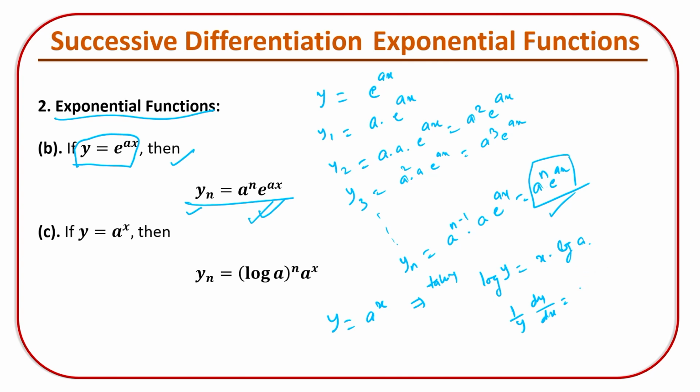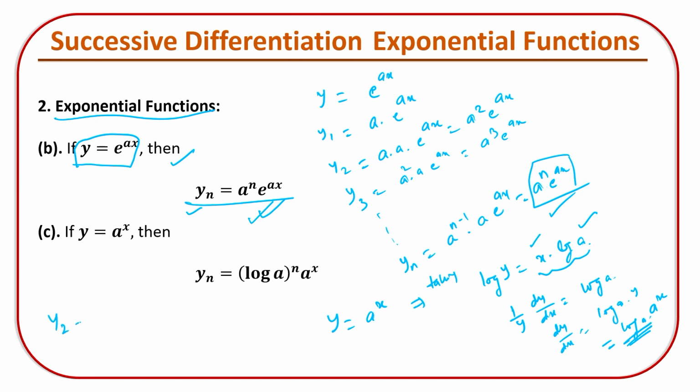You remember this one, right? log a is a constant, x is just a variable, so this will give you log a. So dy by dx is equal to log a into y, and y is nothing but a to the power x. So this is your first constant. Similarly, the second constant is log a into log a.